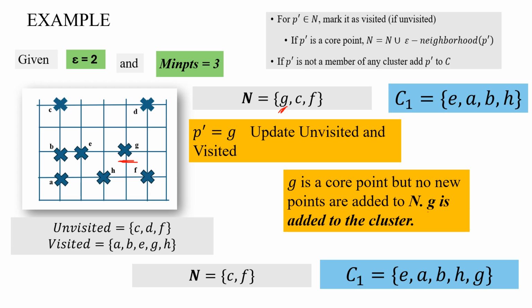So the only action you do is G is added to the cluster. See, E, A, B, H, and now comes G, and our N gets reduced by 1 because no new additions and G has been processed. See, slowly we can see the cluster building.